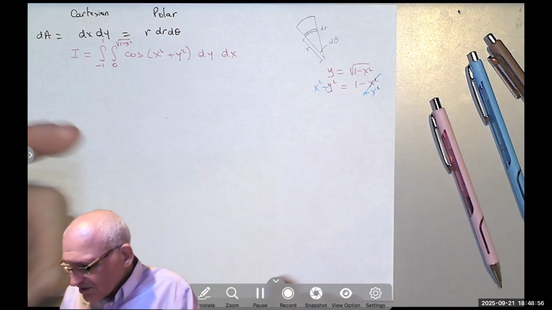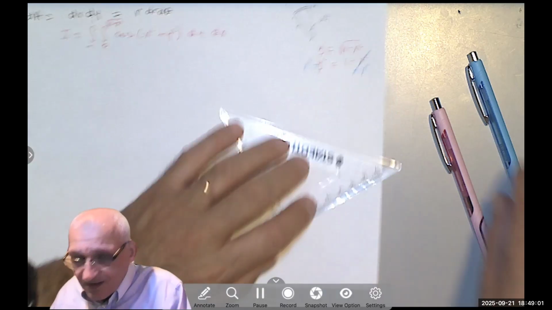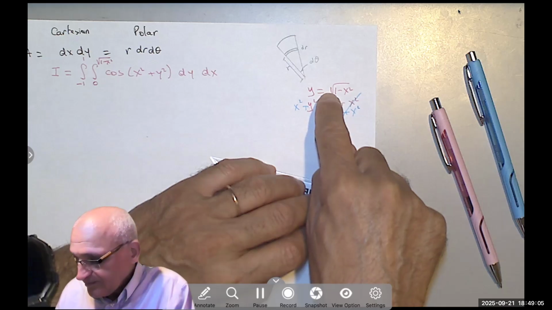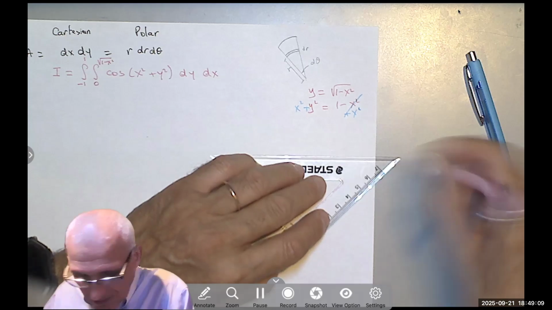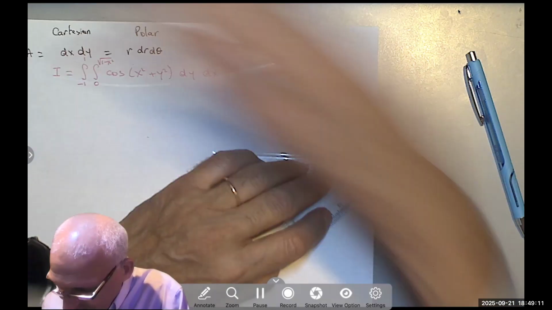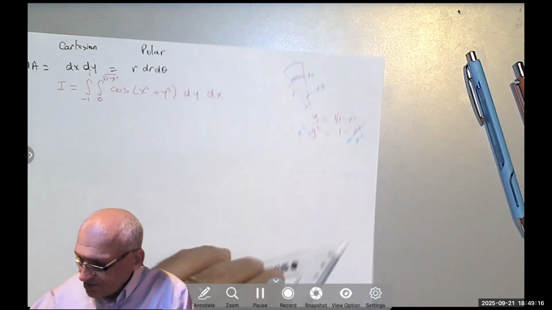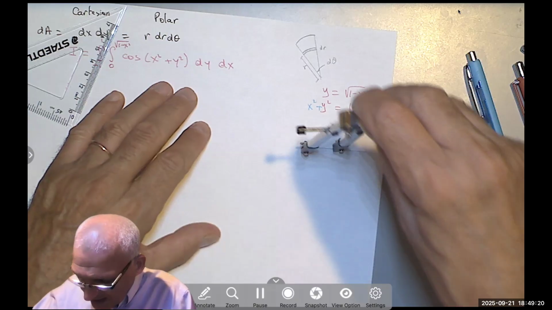But is it the full circle? No, it's just the top half, because it's a positive root. The negative root would have given me the lower half. It's a semicircle, so we can draw it and enlarge it so that you can see what we have here.